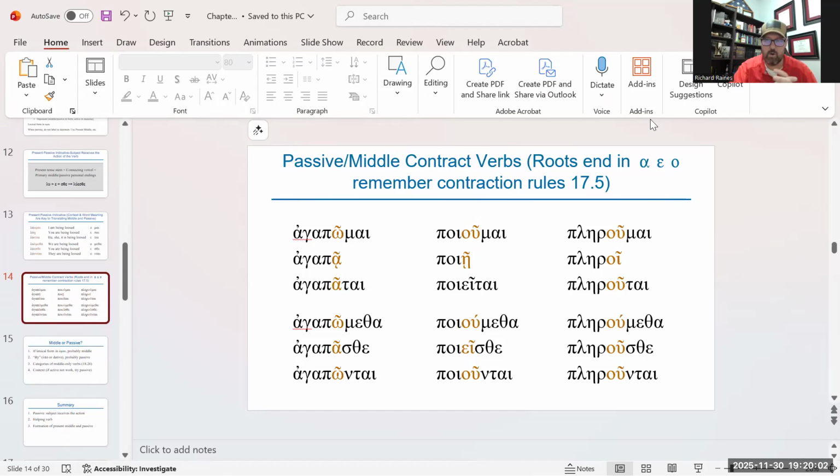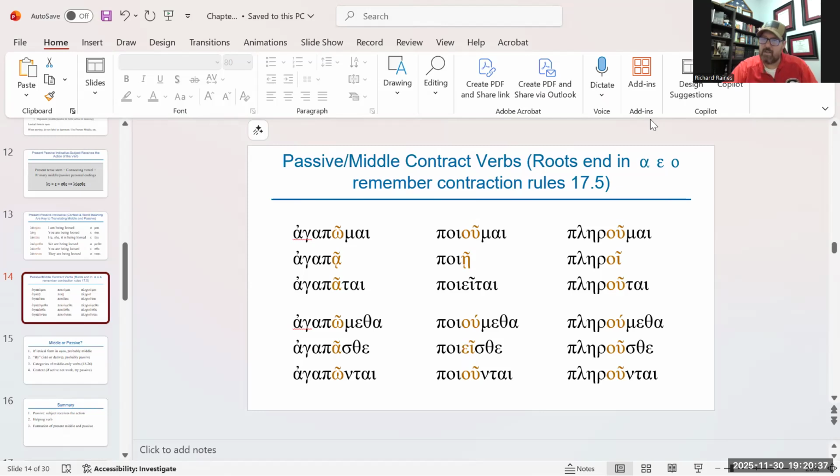You can see in almost all the cases, except for it looks like, looking at it, there's only 2 on this paradigm where you don't have the circumflex. But the contract vowels, unfortunately, you just have to memorize them. So, pretty easy to spot.